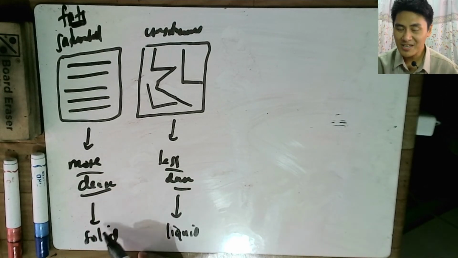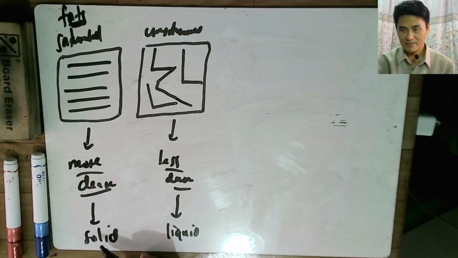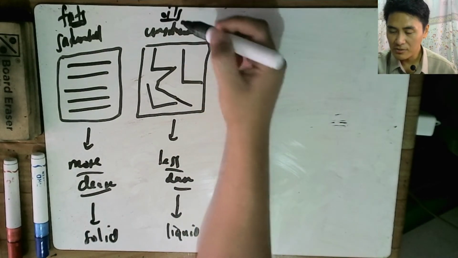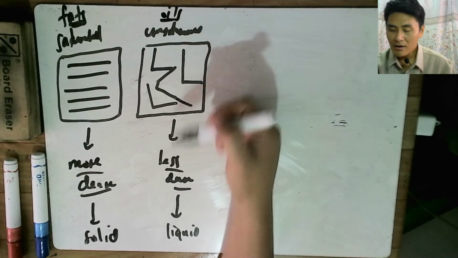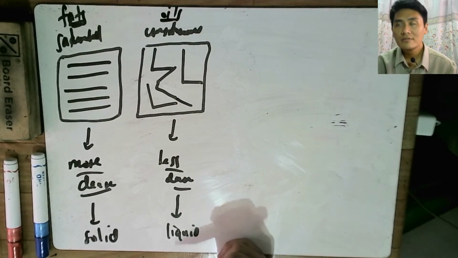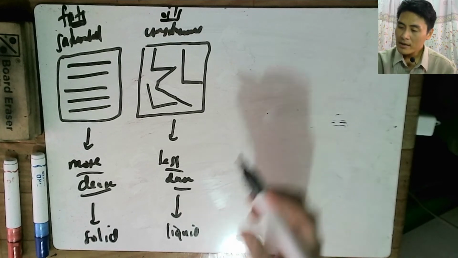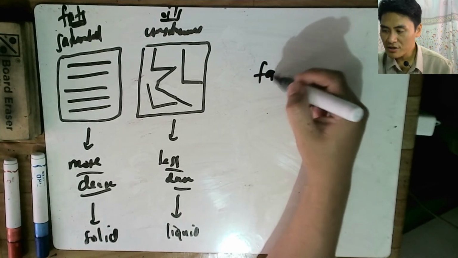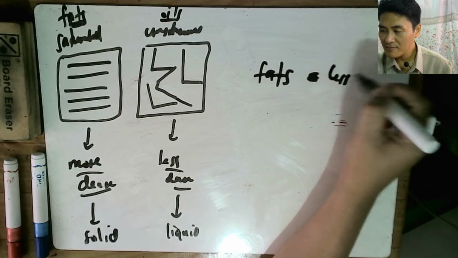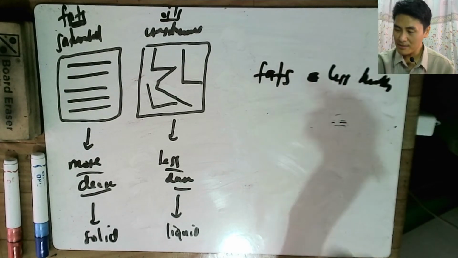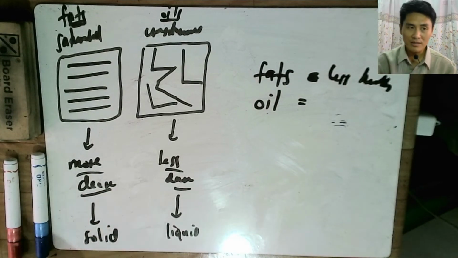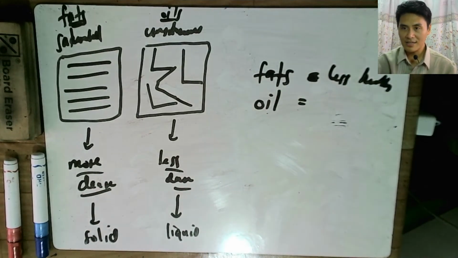These solid particles clog up your arteries, right? But unsaturated ones like oils from vegetables, for example, are less dense. They are liquid, and therefore they don't clog your arteries. So that's why in some health circles, fats is always less healthy. Again, this is debatable, but this is the basis for why they say it. I'm just telling you what their basis is. I'm not saying that this is true.